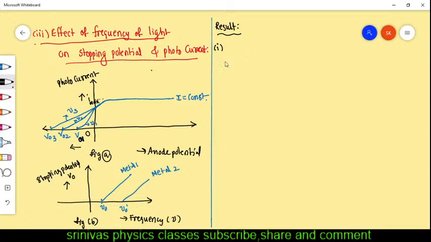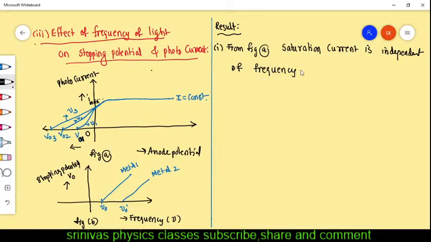That means from figure A we write one thing: the saturation current, which is the photocurrent, is independent of the frequency of incident radiation, whatever the frequency of incident radiation may be.